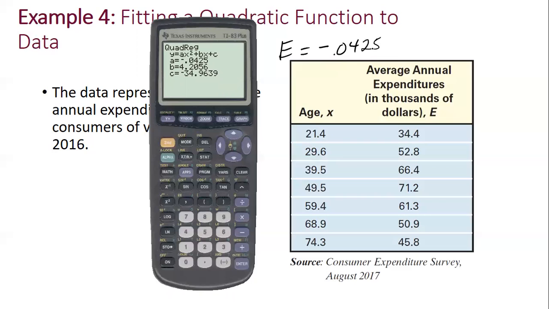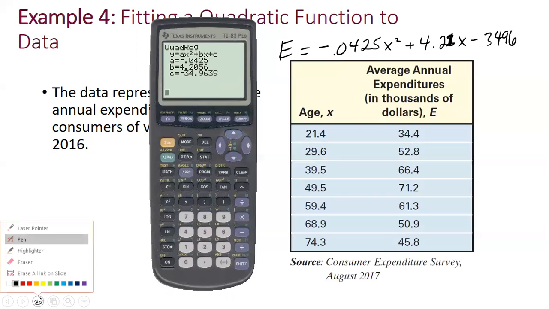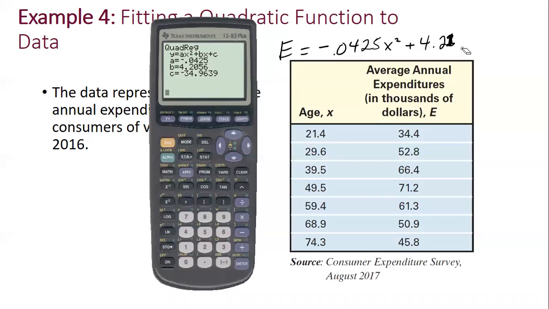I'm just going to be a little exact here. I'll write that a little better. So we have -0.04x squared plus 4.21x minus 34.96. Okay, so I simply just plugged in my A, my B, and my C.